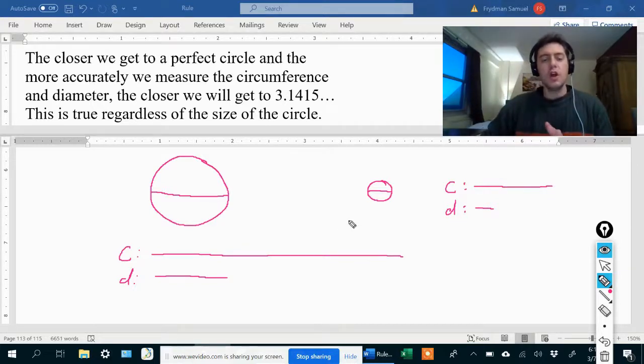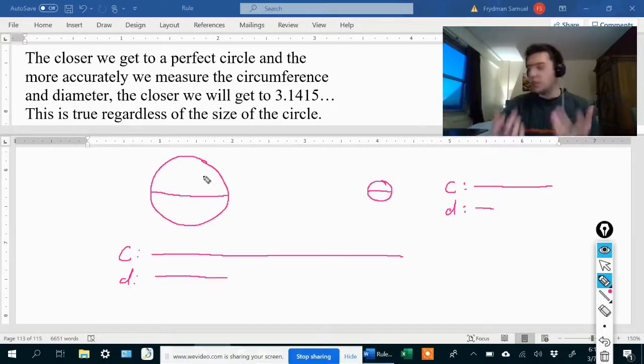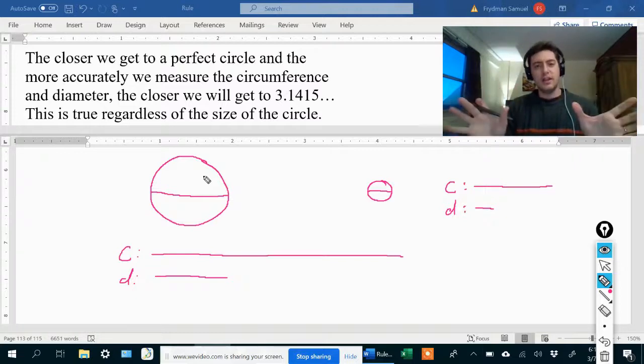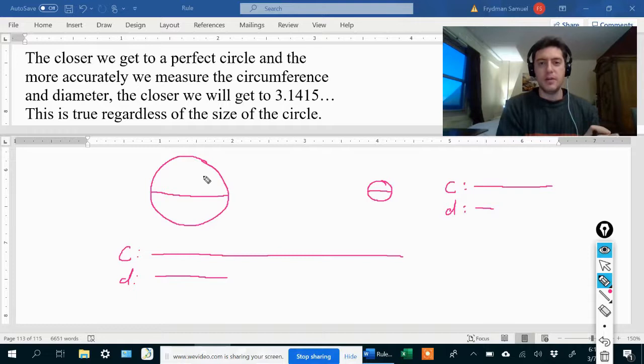That's true no matter how big or small the circle is. It could be as big as Jupiter. It could be as small as the tip of this marker over here. If it's a perfect circle, and Jupiter is not a perfect circle, and neither is this, but if it's a perfect circle, you take the length of the circumference, you divide it by the length of the diameter, you will get 3.141592.